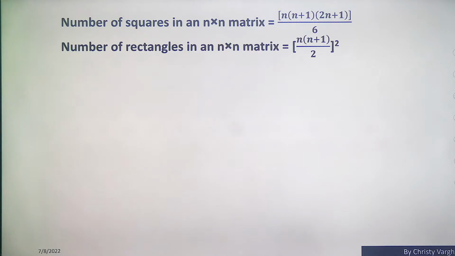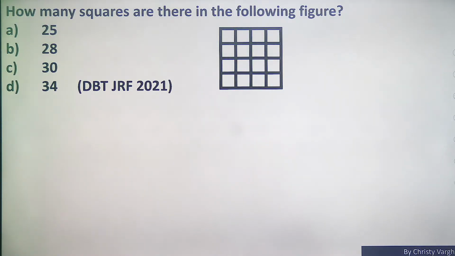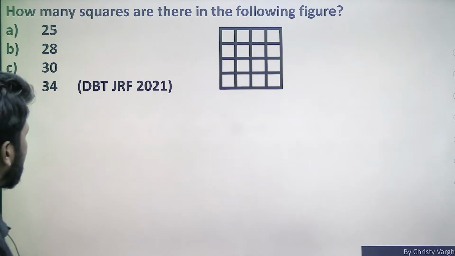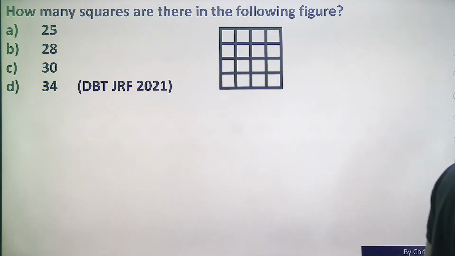Then can you tell me what will be the answer if the question was this? This was actually a JRF question asked in DBT JRF, but as a practice question you can try now. Try it, all of you. Answer it fast.